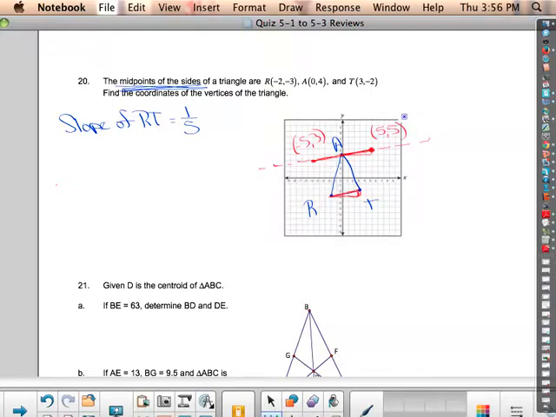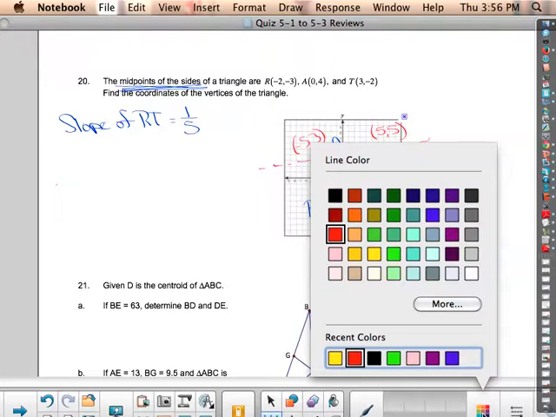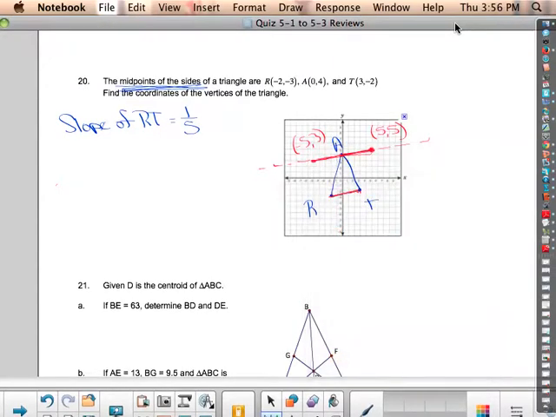So I need 3 vertices for my triangle. I have 2. So I'm going to take a look at another side, a different side this time. Let's find the slope of AT.